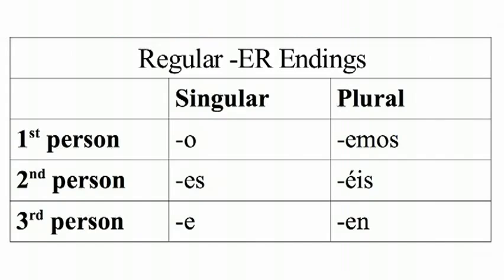Take a look. Here are the regular present tense endings for an ER verb. O, es, e, emos, éis, and en. Now, all you have to do is copy the yo, tú, él, ella, usted, ellos, ellas, and ustedes forms right over to the IR verb.